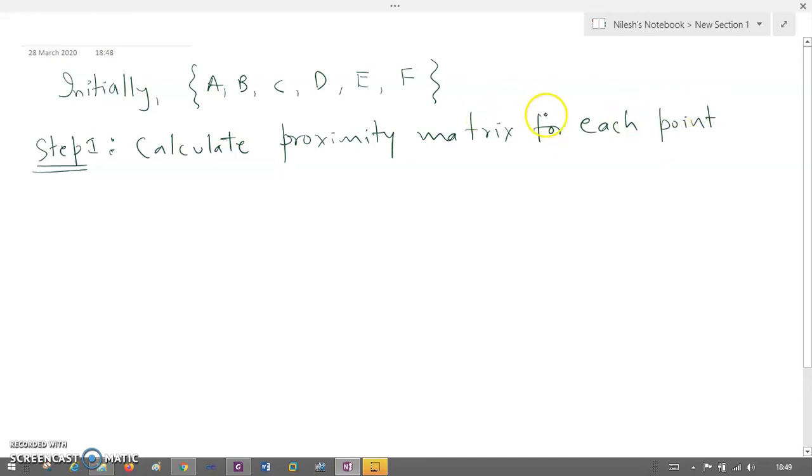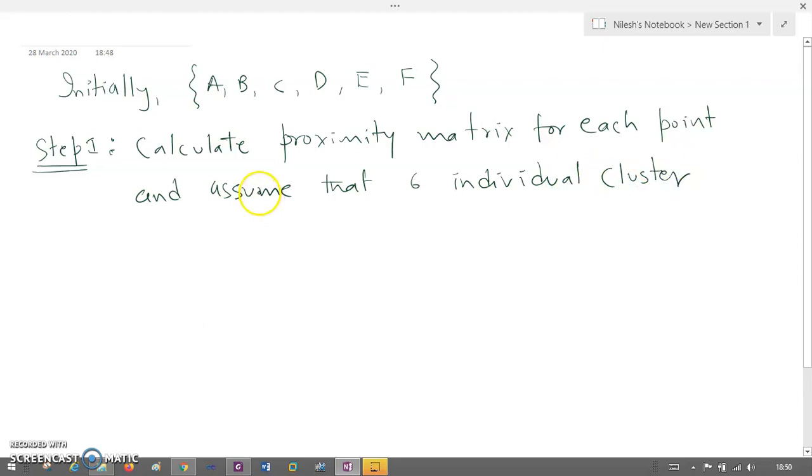So when I say point, that means A, B, C, D, E, F. For all these points, I need to calculate the proximity matrix, and assume that they are not single data points, but they are 6 individual clusters.